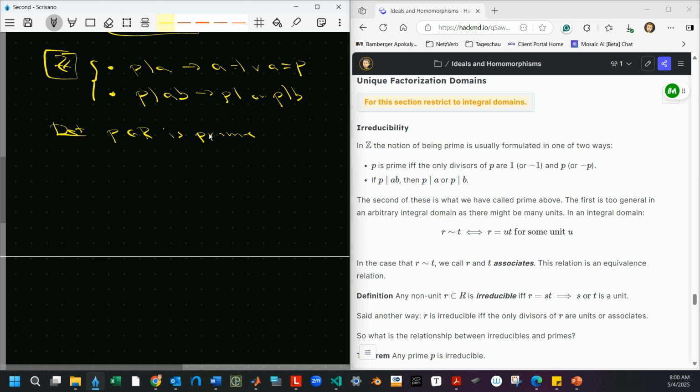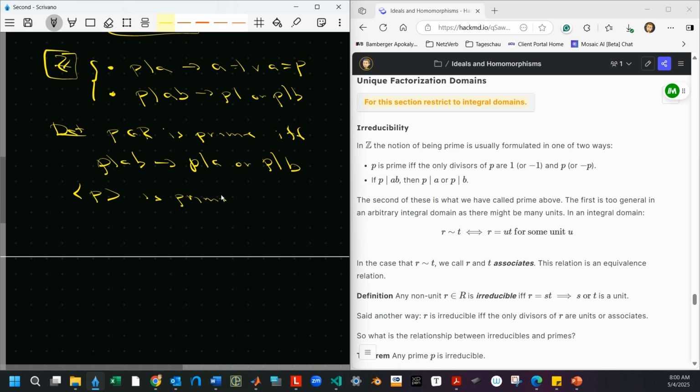So all this definition is going to say is that the ideal generated by P is a prime ideal. But I'll just say it again here. P is prime if and only if P divides AB implies P divides A or P divides B. Okay, so this is equivalent to saying the ideal generated by P is prime.